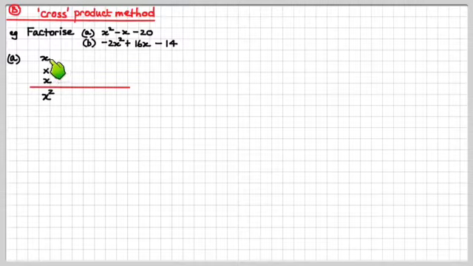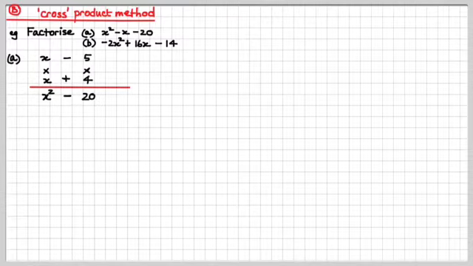So what you do is you take the front terms. The front term here is x squared, right? And you write down here, that'd be x times x gets me x squared. So this is going to be the first term in the first bracket. This is going to be the first term in the second bracket. Okay? So that's that one done, right?